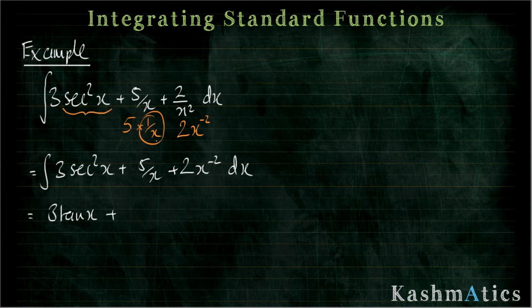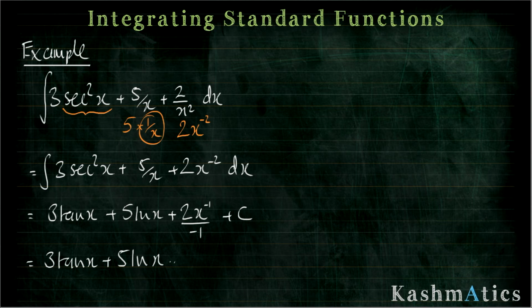The integral of 1 over x is ln x, so it'd be 5 ln x plus, in this case, you add 1 to the power and then divide by the new power. So it'd be 2x to the power minus 1 divided by minus 1 plus c. And we just need to tidy that up: 3 tan x plus 5 ln x, take away 2x to the power minus 1, add c.